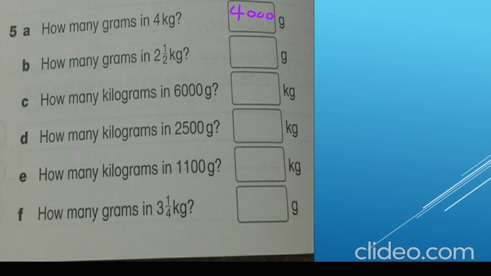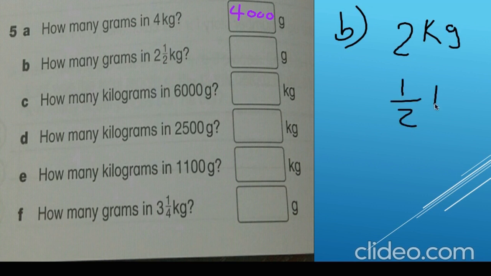How many grams in 2.5 kilograms? As I told you before, we will take it here. I have 2 kilo and I have half kilograms. So, first I will convert the 2 kilograms.